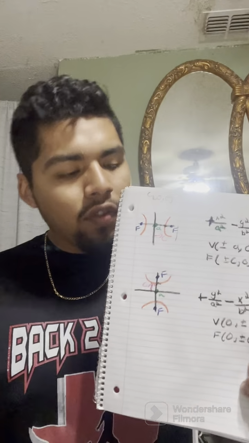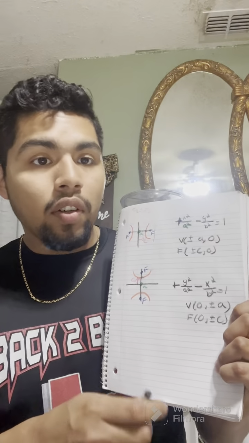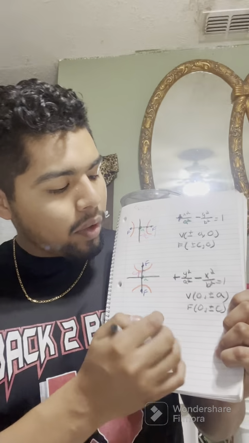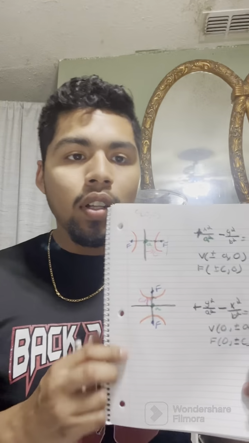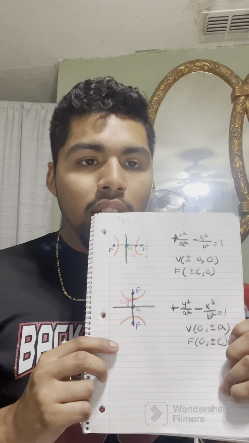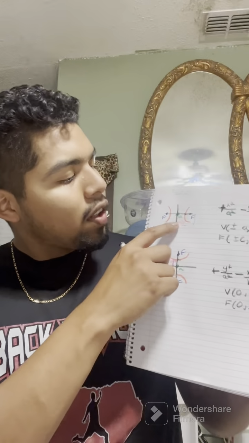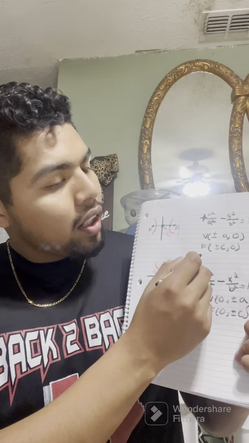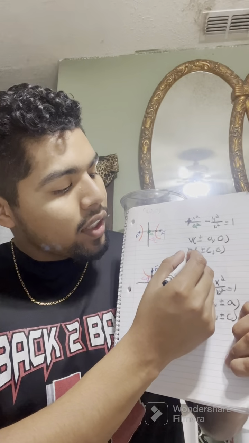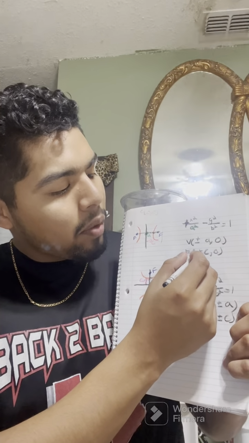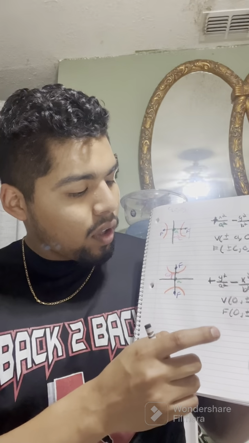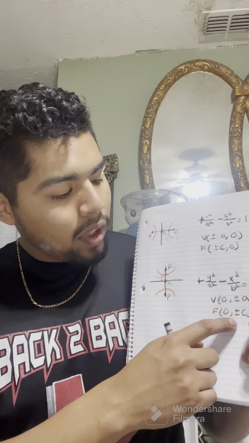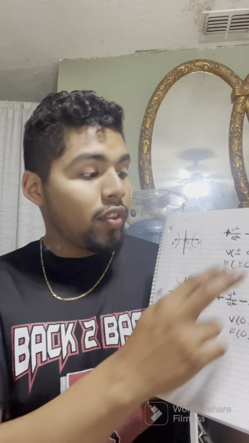Now the coordinates for the vertices for this hyperbola would be 0 comma plus or minus a. The coordinates for the foci for the horizontal one would be plus or minus c comma 0. And then for the other one would be 0 comma plus or minus c. So these flip.